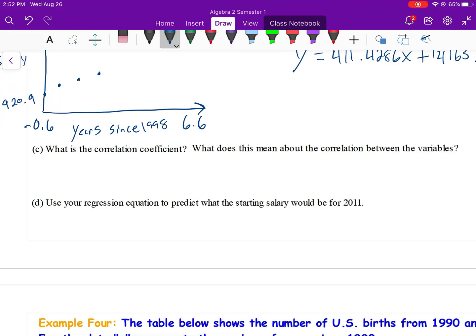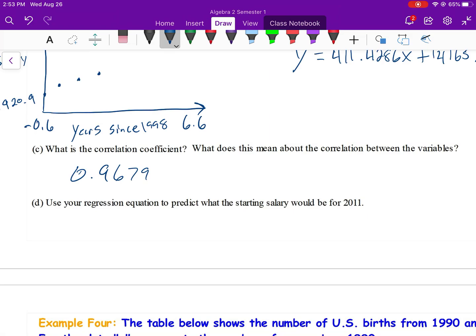Correlation coefficient. Let's see what that was. This is where I did not have my diagnostics on. On your calculator, like I said, I'll show you come the time in class. That's going to be under your catalog. And we get a correlation coefficient of 0.9679.